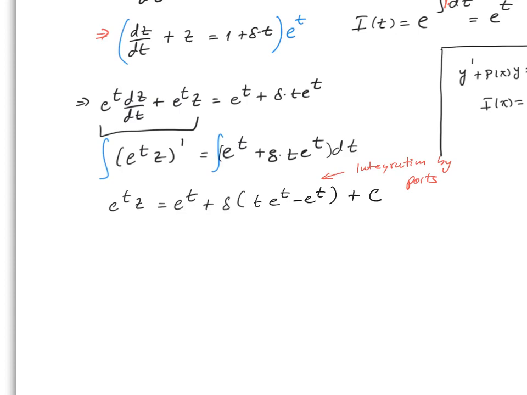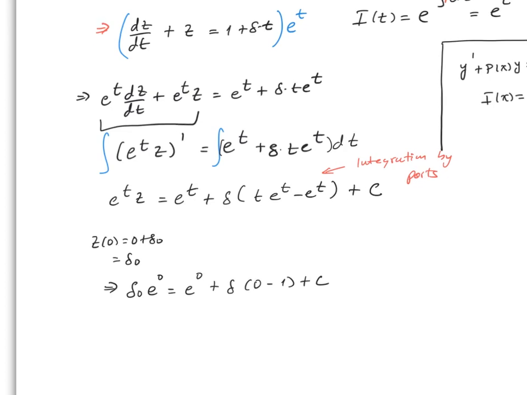Now remember that the initial condition says that z of 0 is equal to 0 plus delta 0, which means it's just equal to delta 0. So if we plug it into the equation, that means delta 0 e to the 0 should be equal to e to the 0 plus delta times 0 minus 1 plus some constant.